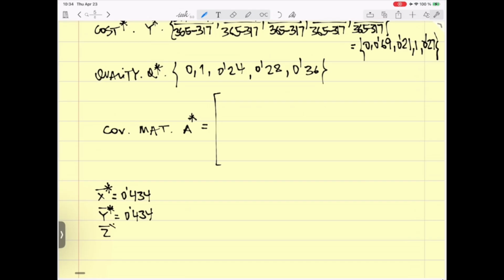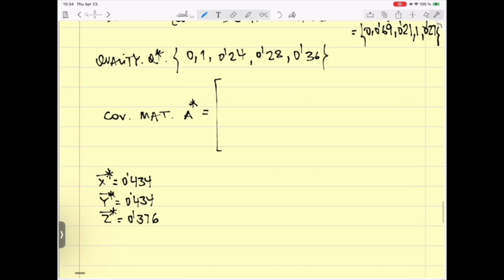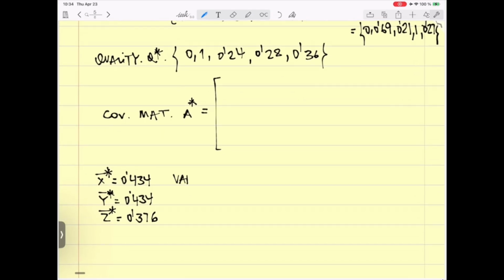Just for the sake of speed in the lecture. Then the variance of x, if you do the calculations, is going to be 0.16. The variance of y is going to be 0.14, and the variance of z is going to be 0.14 also.